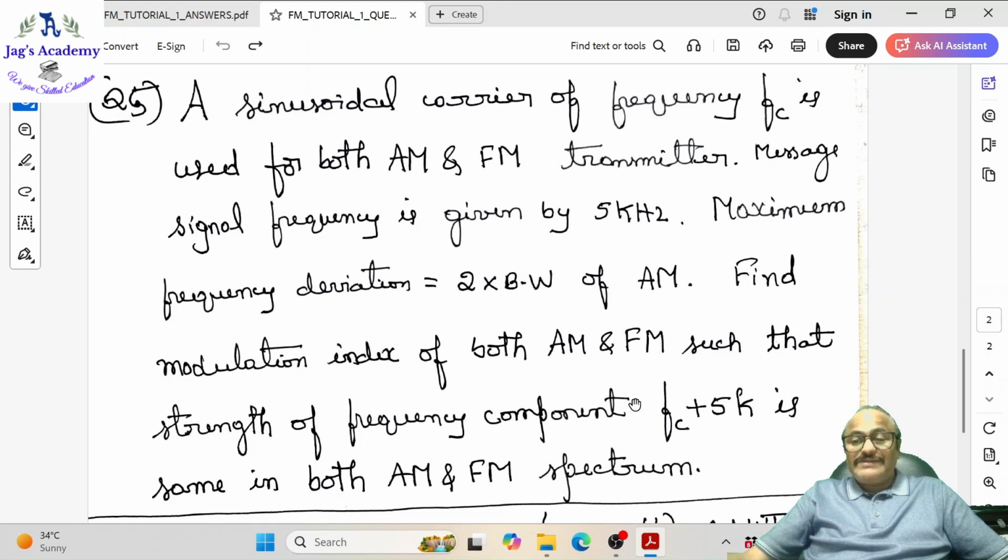In the spectrum, see what is the amplitude of the component Fc plus Fm. It is something like Ac into J naught of beta, which you have seen in one of our classes. Use that and solve the problem.